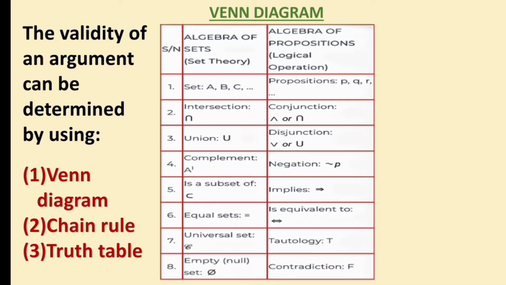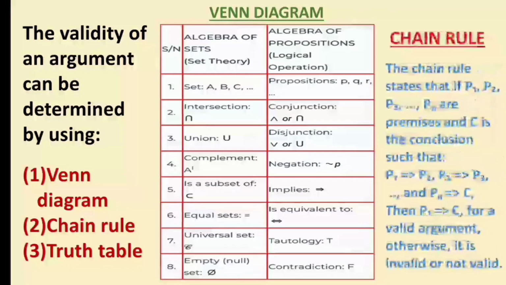The Venn diagram for intersection is similar to the Venn diagram for conjunction. The Venn diagram for union is similar to the Venn diagram for disjunction, and so on in the table before us. Please take note of this table for Venn diagram, the way we draw the Venn diagrams for logical operations.